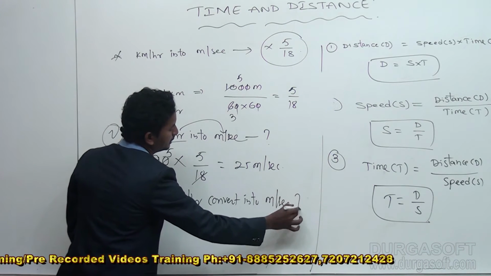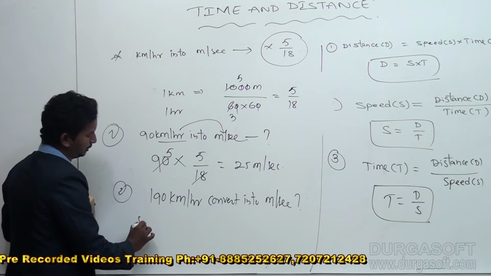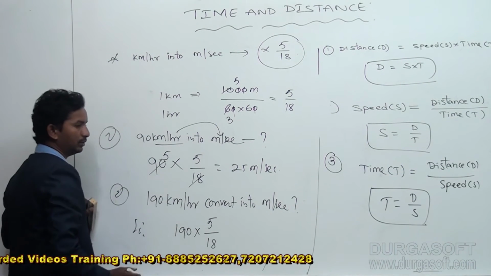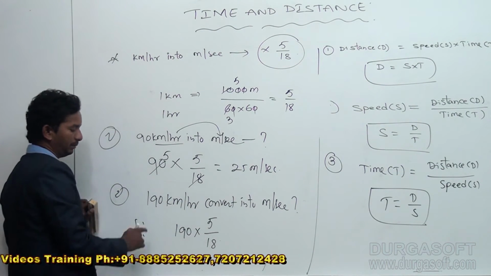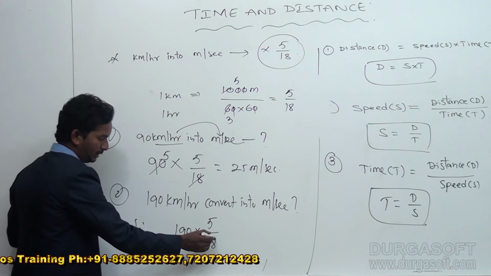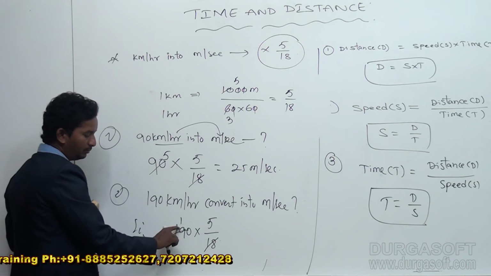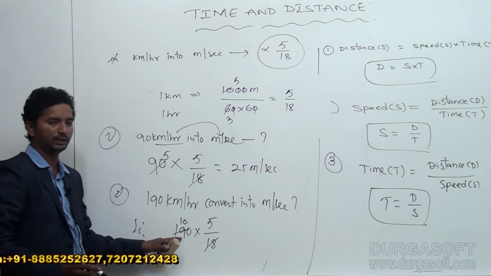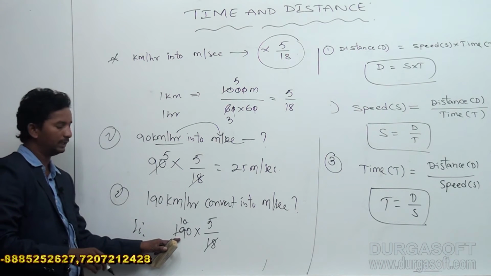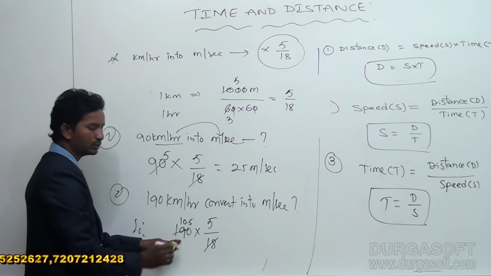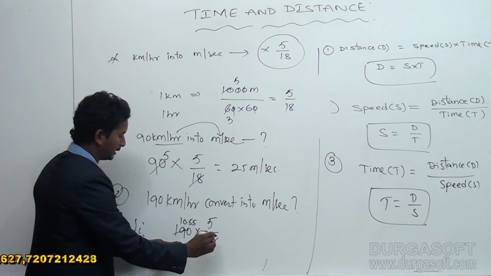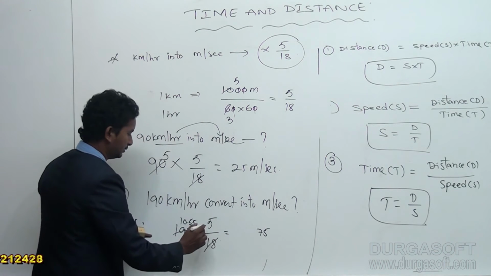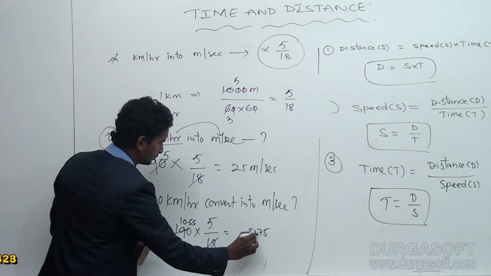The solution: 190 into 5 by 18. 18 ones are 18, one more 10 is there, again take one more 100, 10 fives are 50.